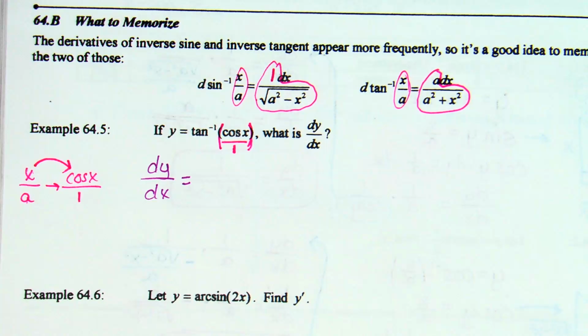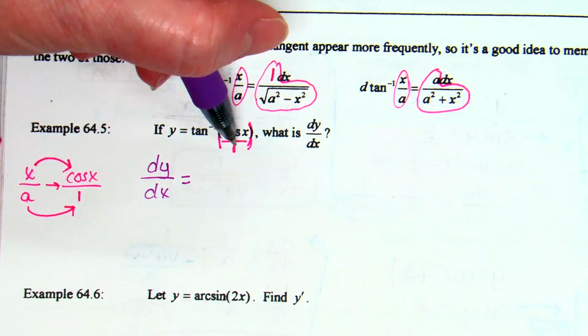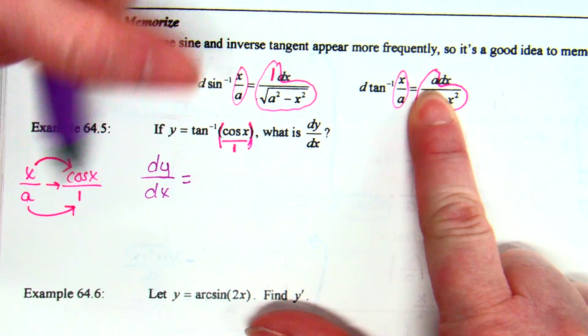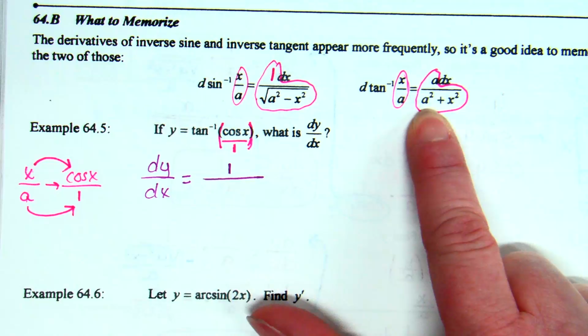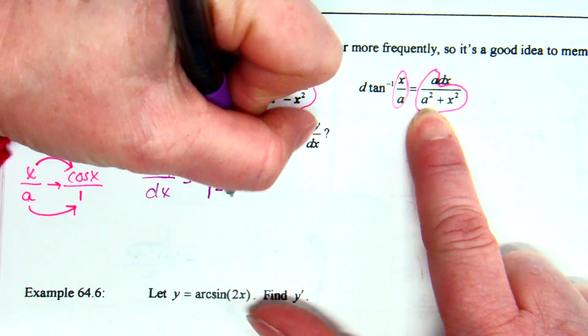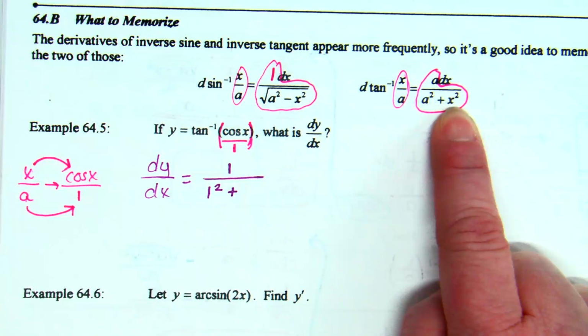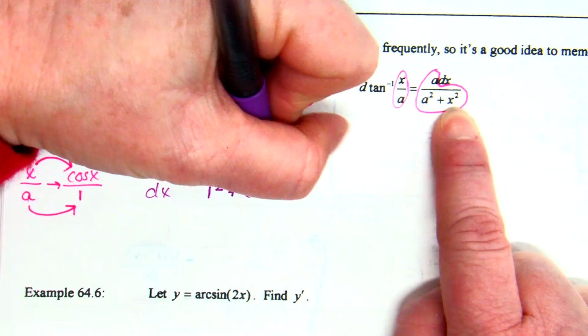If we have an a, in this case it's just a 1. So here, if you follow the definition of tangent inverse of something is a over a squared plus x squared. What is my a value in this case? In other words, what is the denominator? So a squared is going to be 1 squared plus x squared. What was my variable in this case? Or what was my numerator? Cosine x. So we're going to say cosine squared x.